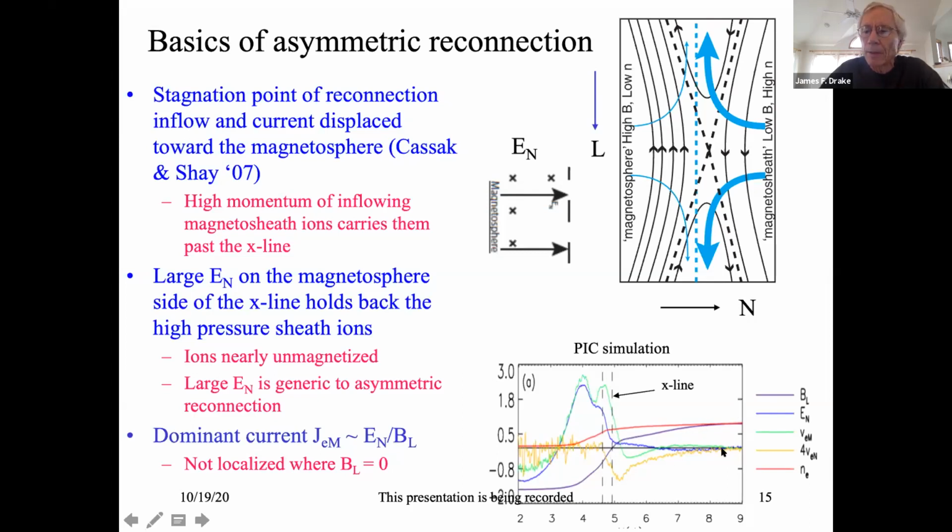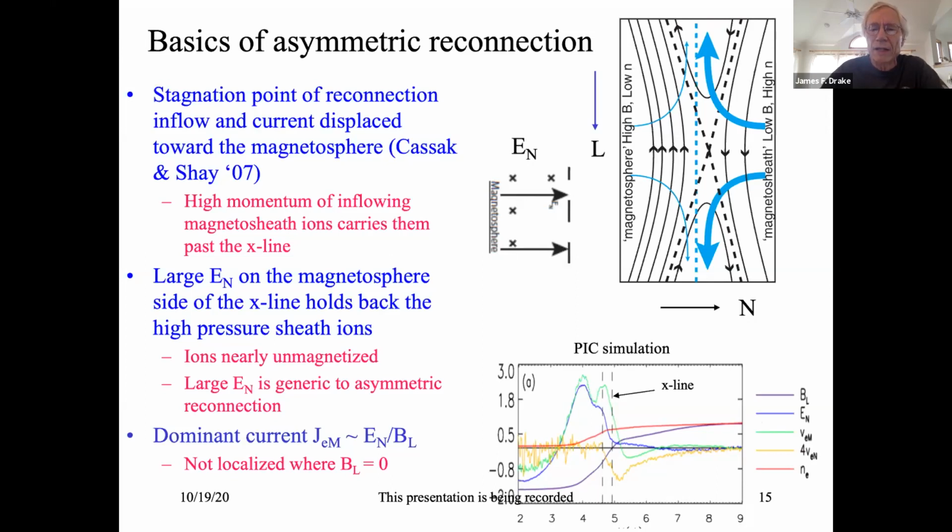And the yellow is the flow, which I've written in terms of the electrons. You can see the stagnation point of the flow is to the left of the X line, which is on the magnetosphere side. Here's the density, the sheath and the magnetosphere. And here's the real surprise, and that is that the current is peaked not at the X line proper, but on the magnetosphere side.